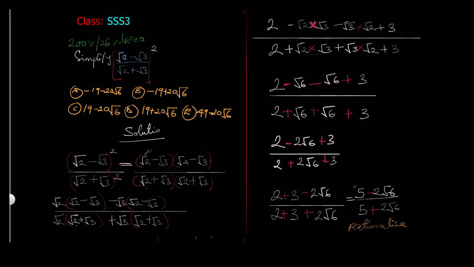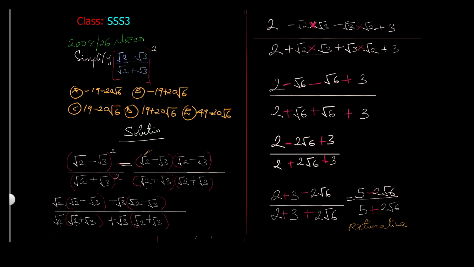If you cancel it, then 2 square root of 6 should also cancel 2 square root of 6. Our concern is to take away the square root sign, and if we cancel it, we cannot have the conjugate anymore.